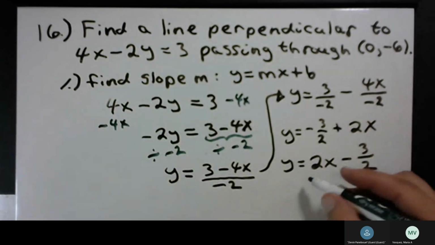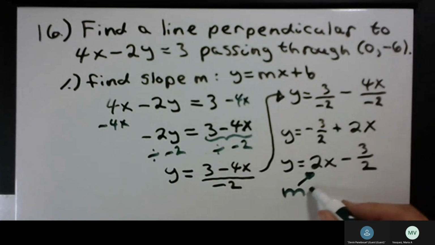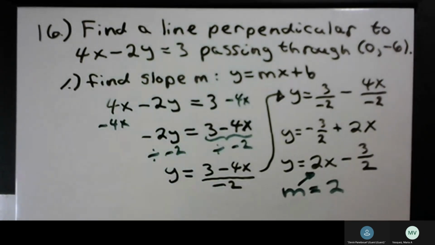So finally, we can identify m. It's the number attached to x. We get m is equal to 2. So any questions about that?